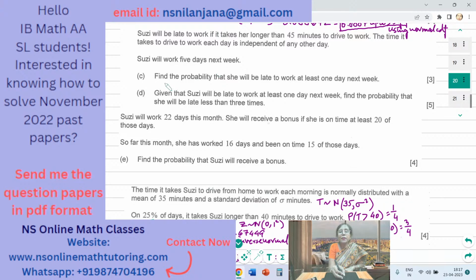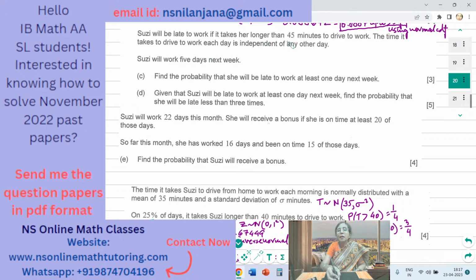Part C says find the probability that she will be late to work at least one day next week. Let me try to fit the statements over here. At least one late.